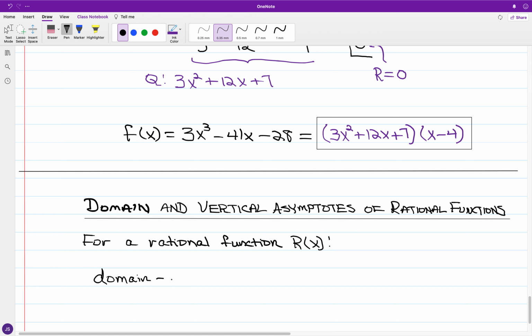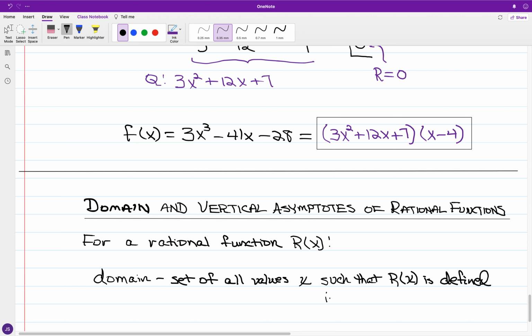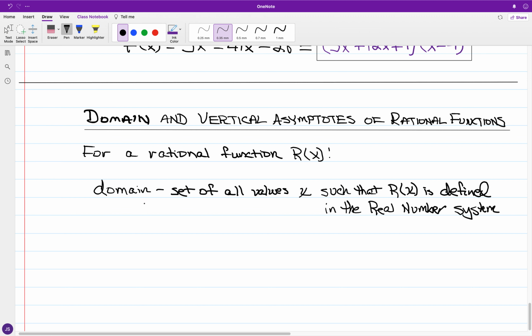The domain, as mentioned earlier, is the set of all values of x, or whatever the input variable is, such that r of x is defined in the real number system. So you had that bit of history to repeat.